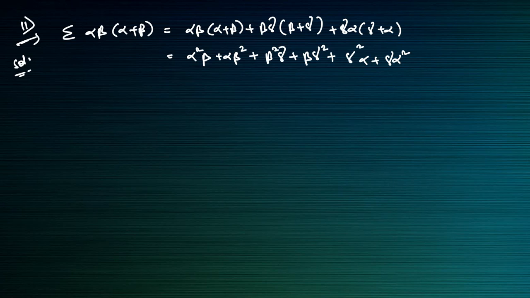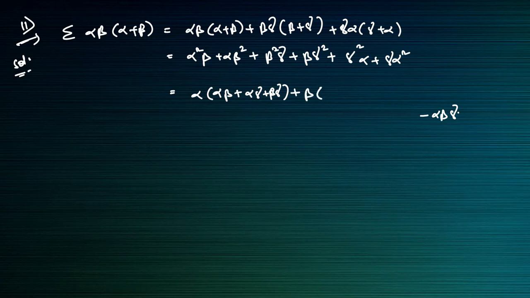Here I will do one thing: I will take alpha common from the first terms, so alpha times (beta plus gamma), and we need beta gamma here, so I will add and minus alpha beta gamma. So taking alpha common, beta gamma will come here.